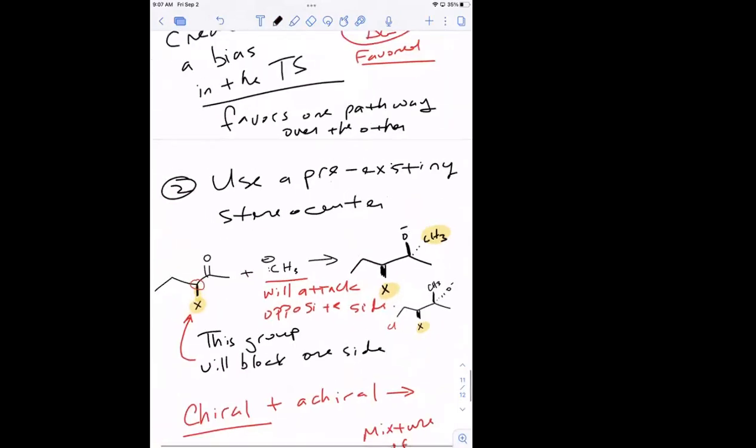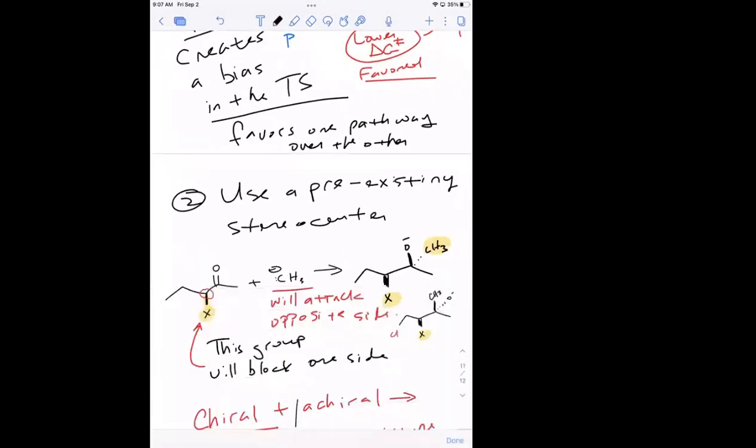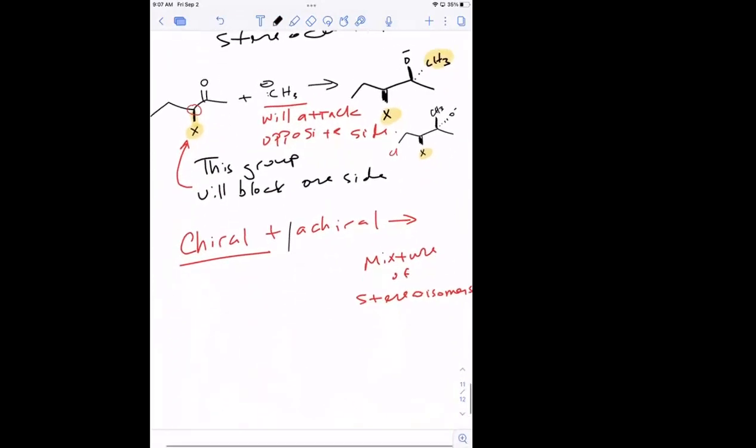But you're not going to get the same amount of each one, right? That's the goal of doing asymmetric synthesis: to favor one stereoisomer over the other, just like we talked about with Paxlovid.